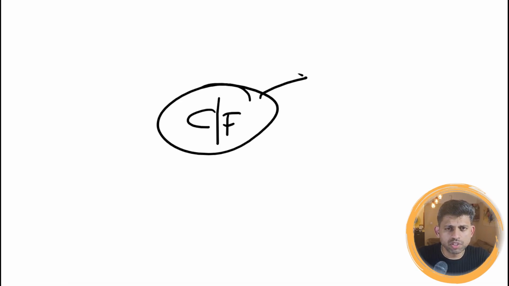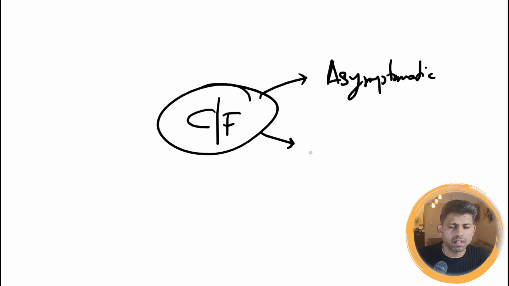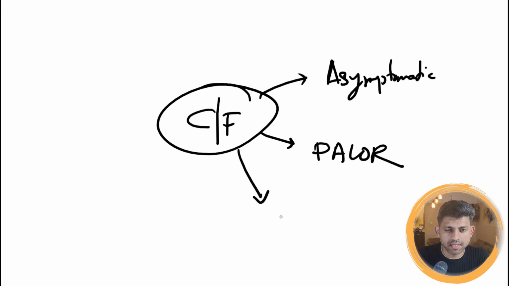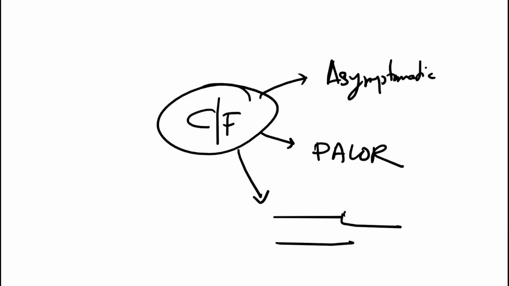Clinically, most of the patients with iron deficiency anemia may be asymptomatic. When you examine, classically you see pallor, and some patients exhibit spoon-shaped nails or koilonychia.